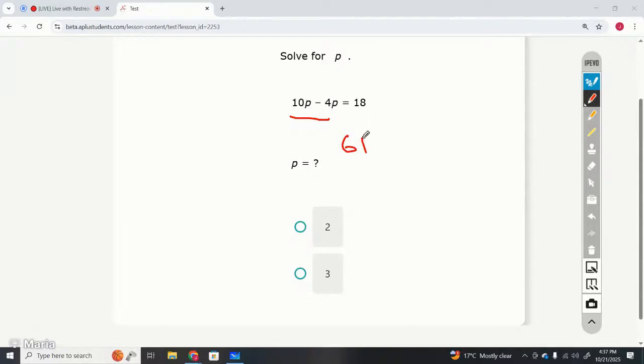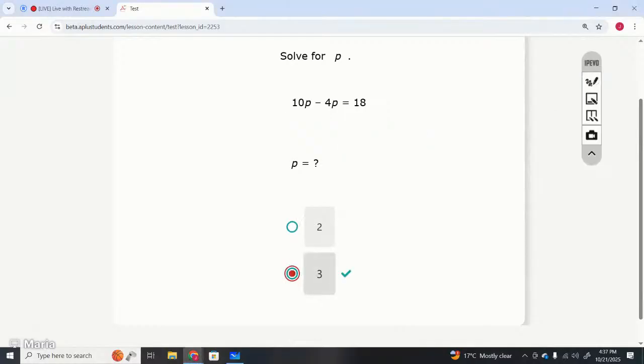So 10p minus 4p is 6p equals 18. So divide both sides by 6. We have the value of p, that is 3. Option number 2 is the correct option. Very good.